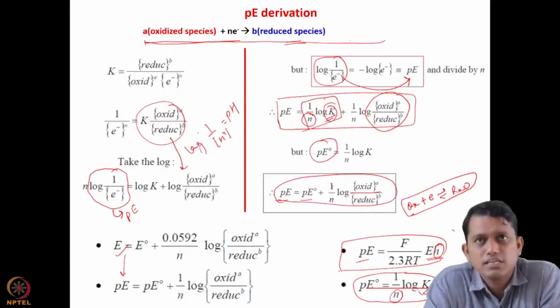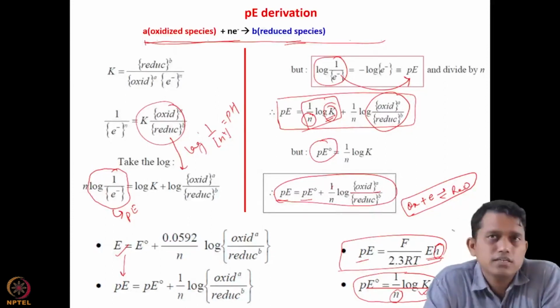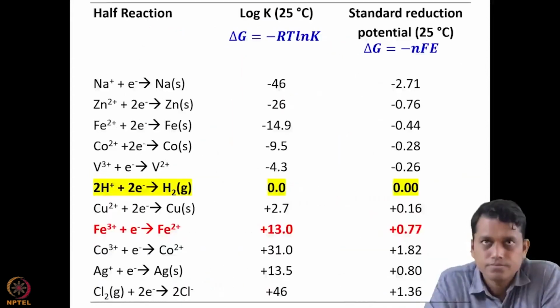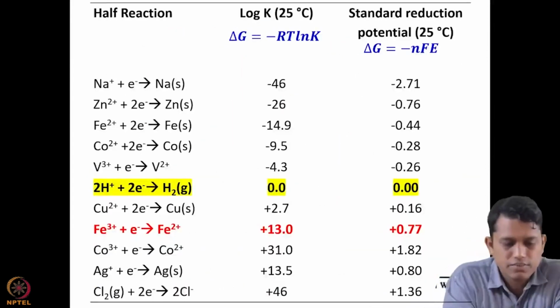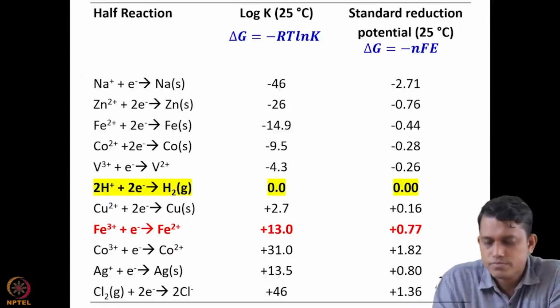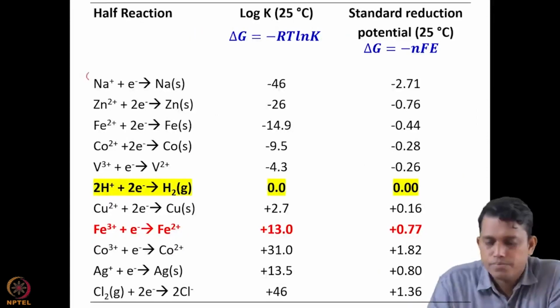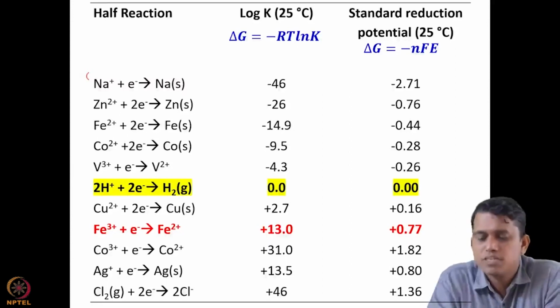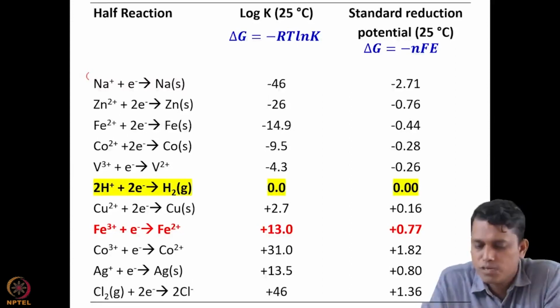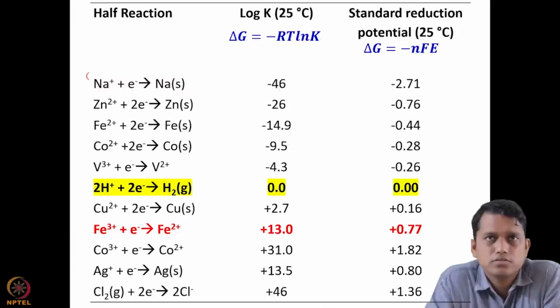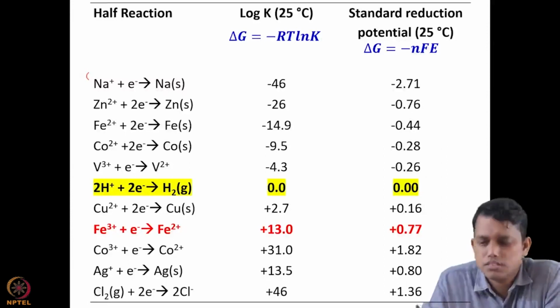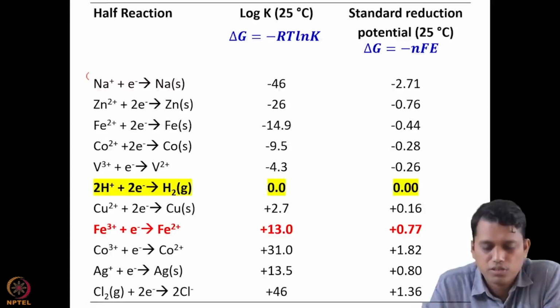With this understanding, let us try to get this equation for different kinds of systems or half cell reactions. So these are several reactions I have given you, and each is a half cell reaction. We have standard electrode potentials, and from there you can get the log K values. I hope this is not a very tedious talk, because you already know the relationship of delta G with the electrode potential.